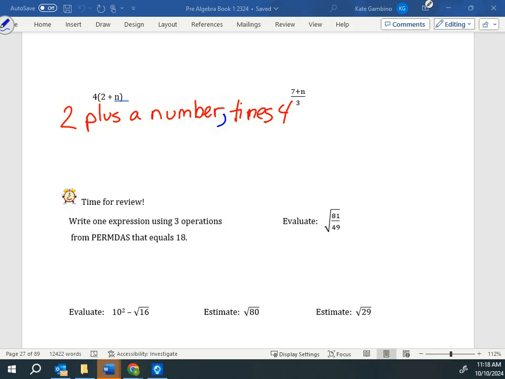So I know that 2 plus a number needs to happen first. That's going in parentheses. So those parentheses and commas make a huge difference. Does that make sense? So if you're doing multiple steps, be careful of how you're wording it. If you're not putting any commas in there, I'm going to do order of operations first. Okay? Make sure you let me know if there's supposed to be parentheses or something else to do first.